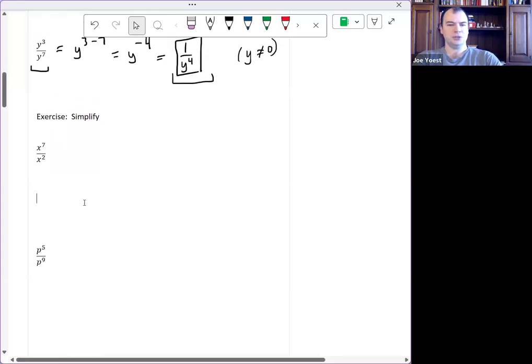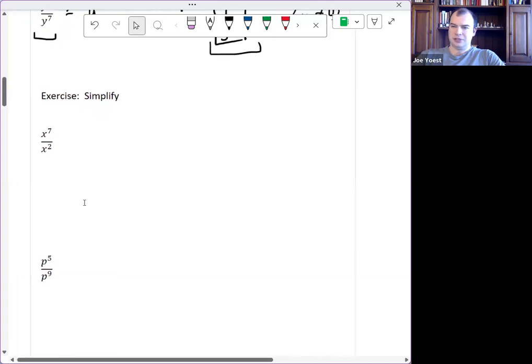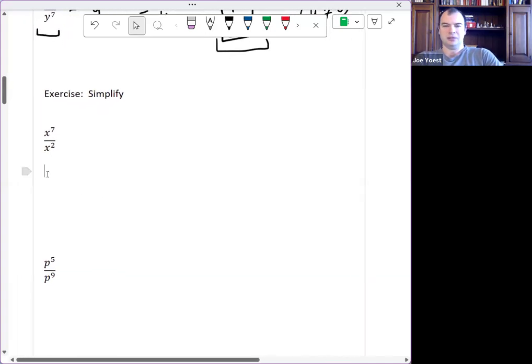Okay, so 2 super quick exercises here. Take about 60 seconds or so. I'm actually going to zoom this in just a tad, make it a little easier for you to see. Take a look at these 2 exercises. I'll give you about a minute or so to complete these 2 exercises, and then we'll go through the answer.